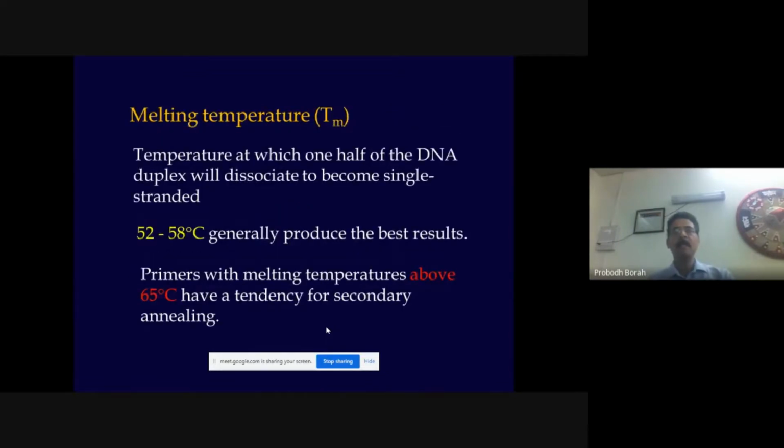Next point is melting temperature, or TM value. What is the TM value? So melting temperature of a primer is the temperature or the minimum temperature at which half of the DNA duplex will dissociate into single-stranded molecule.